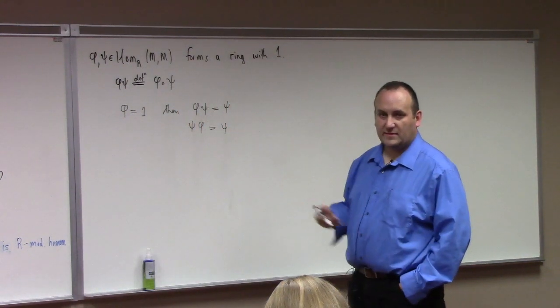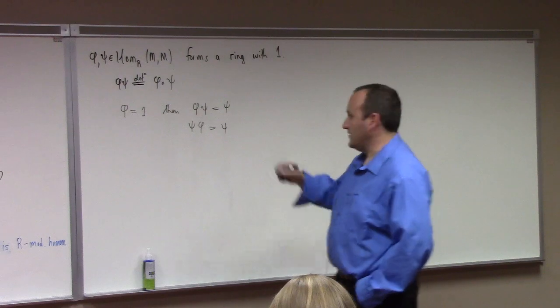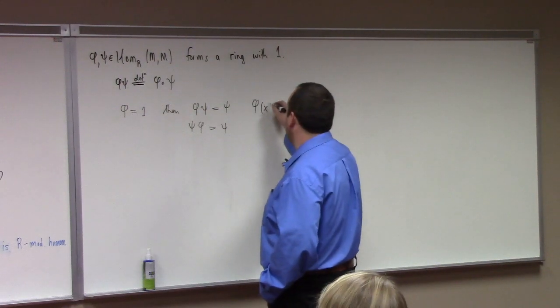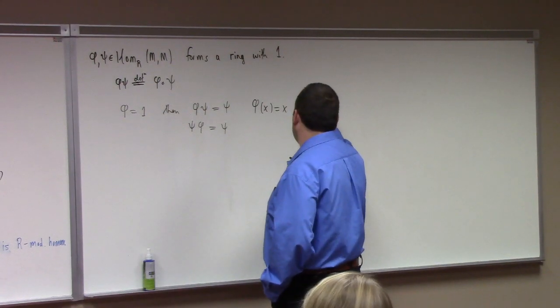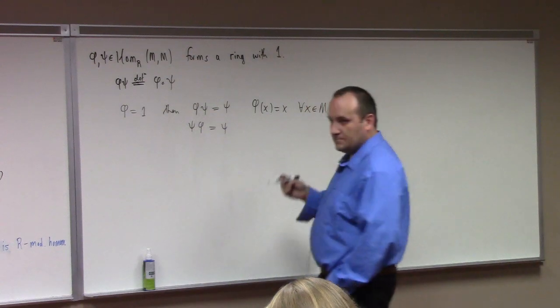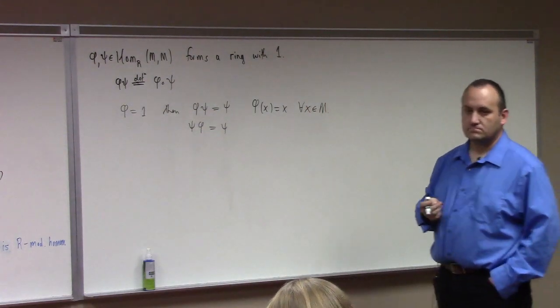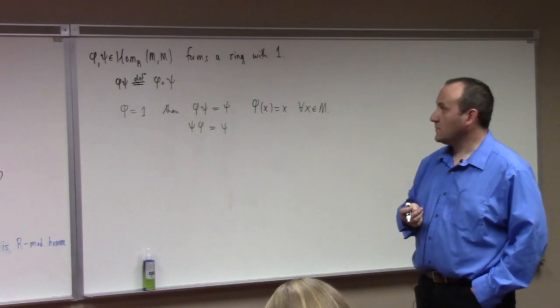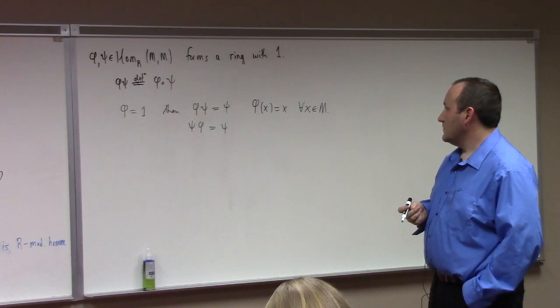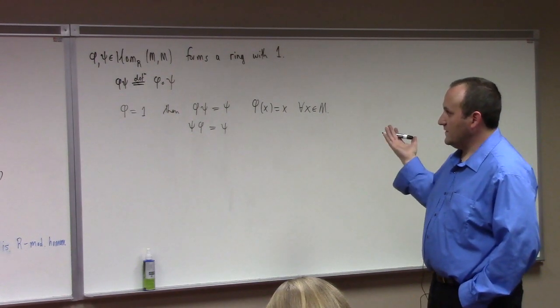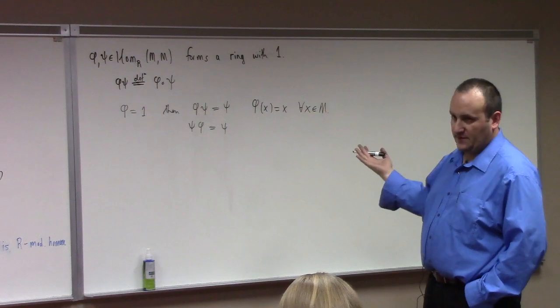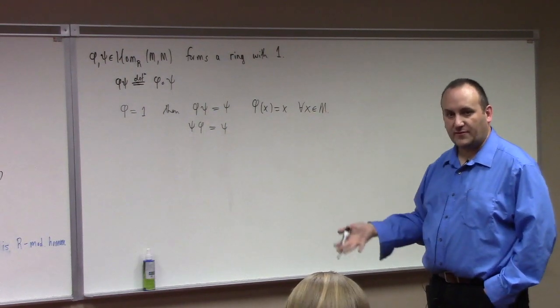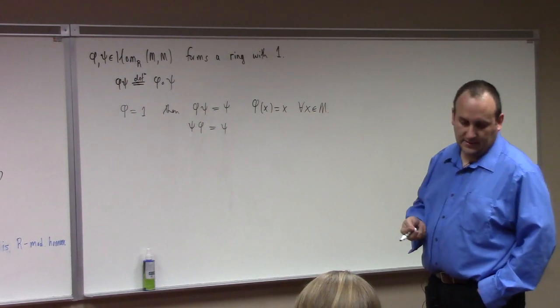Which map is that? The identity map, right? So phi of x equals x for all x in M is the identity here. So it forms a ring with 1 in the sense that we can add or multiply functions and they satisfy the axioms of a ring.